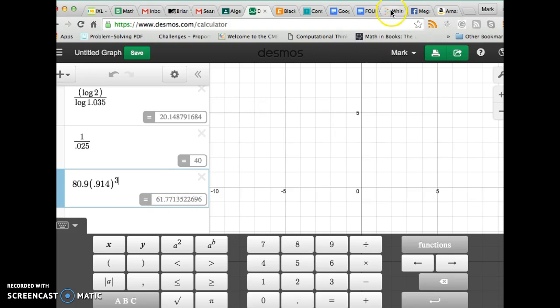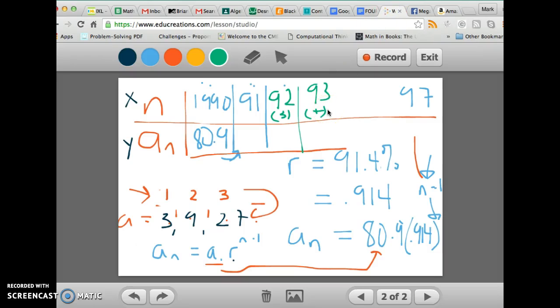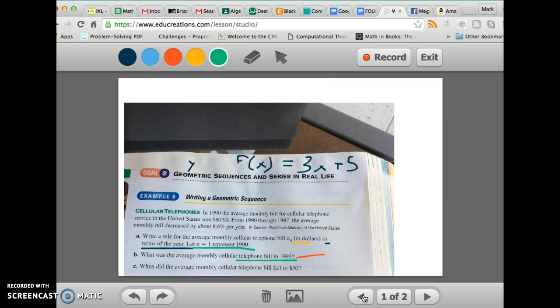I got 61.77 in 1993, or 61.8, and that's my answer to B.